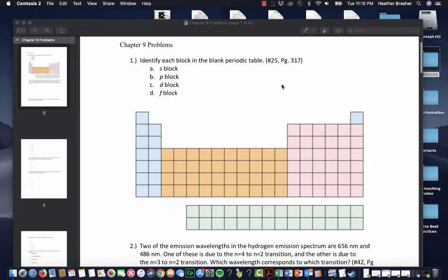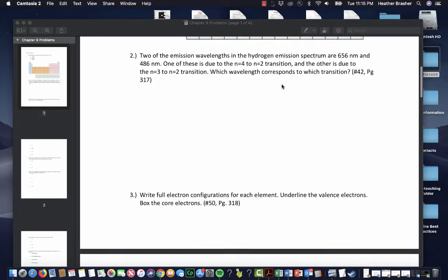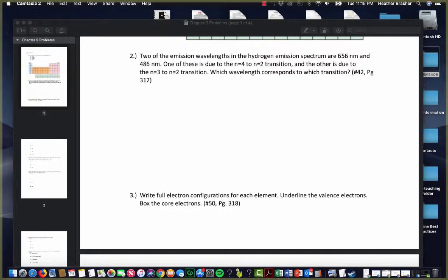Let's go on to question 2. This you've seen in lab, in your pre-labs, and now on here, and we've talked about it really quick. This is number 42. You can look at some of the other problems in the book when it comes to things like the electromagnetic spectrum.